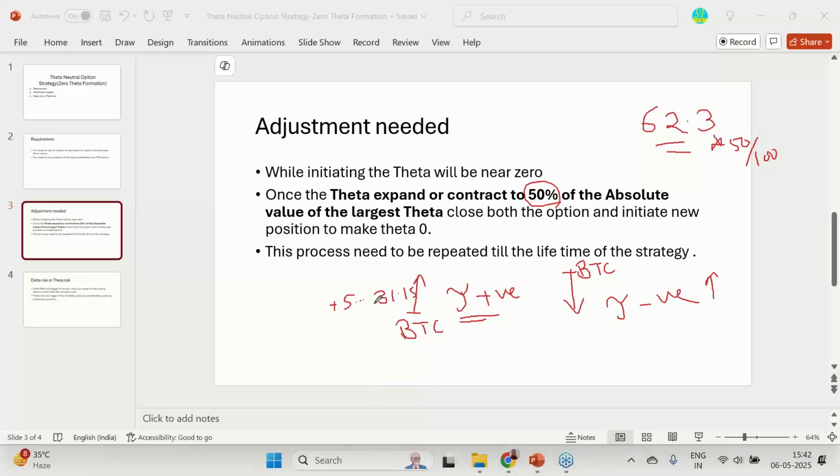The moment the theta becomes plus 31.15, at that particular time, close both the options.